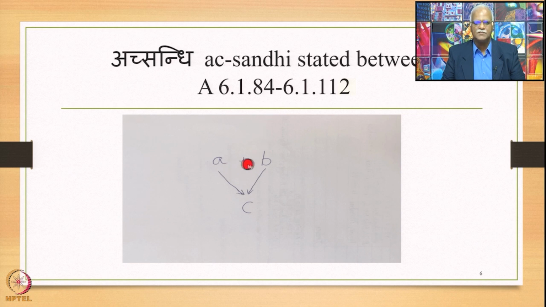So we have A plus B as the input and C as the output. A and B, these are the two sthanis or the substituents, and C is the Eka Adesha or one substitute. This was not the case in Ekasthanika Ekadesha, where we have A plus B as the input and the output is C plus B.